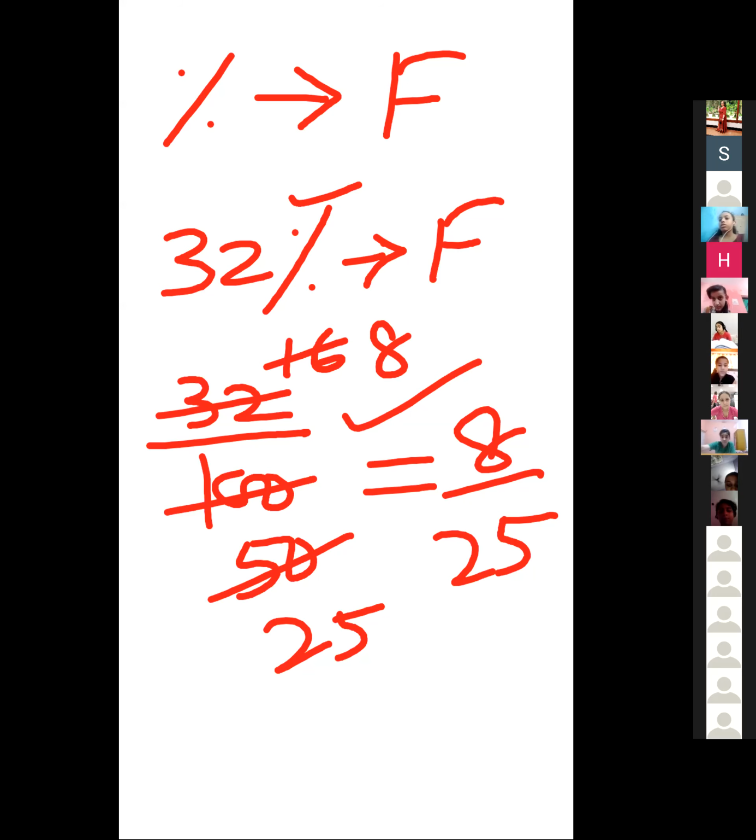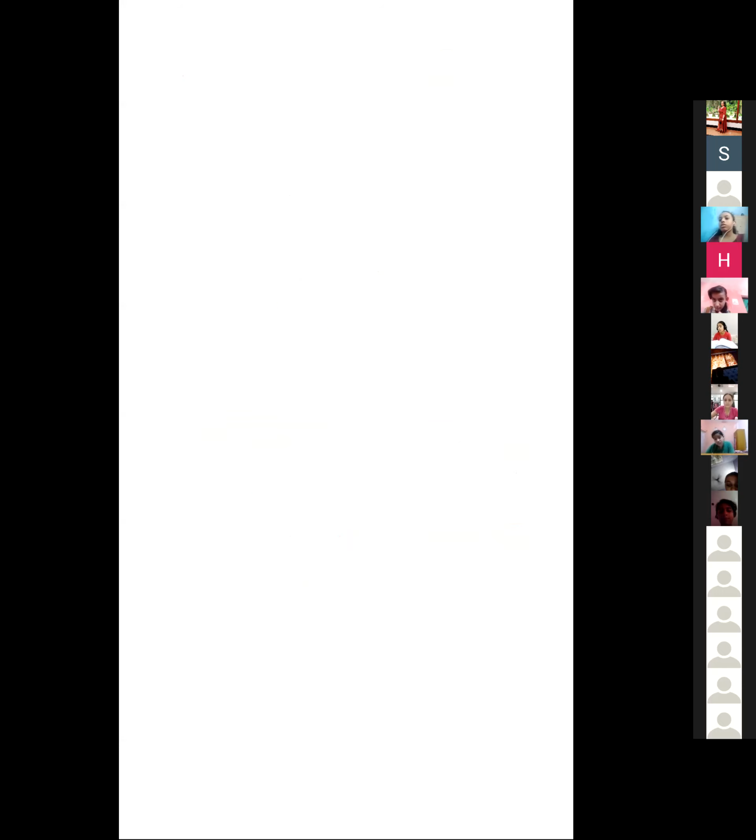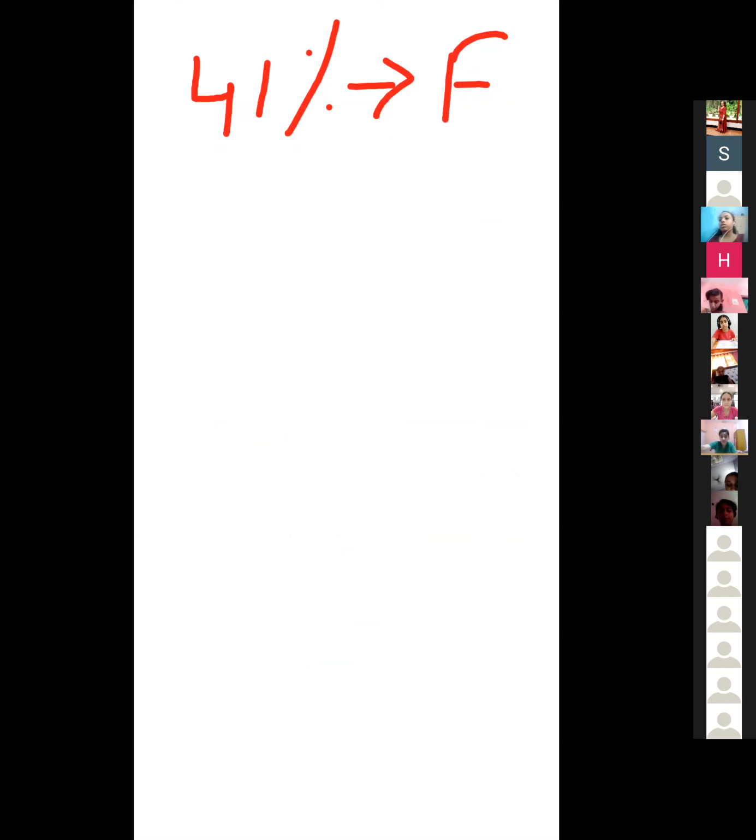It means you understood well. Very good, girls. Okay, the next part is, if I write, okay, do it. 41%, give me the answer of 41%. First, you have to convert into fraction. Convert into fraction first.